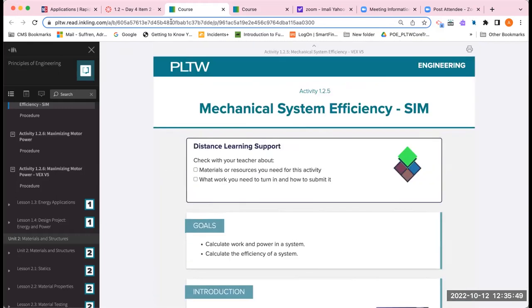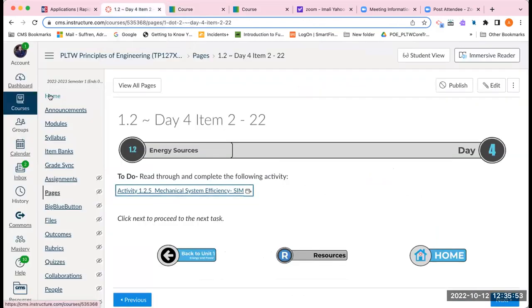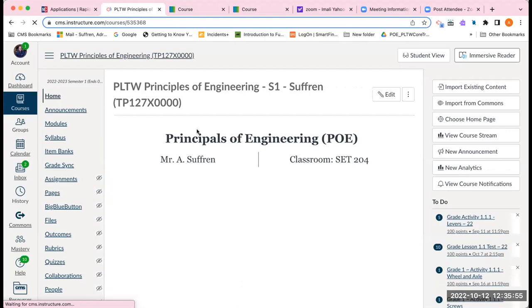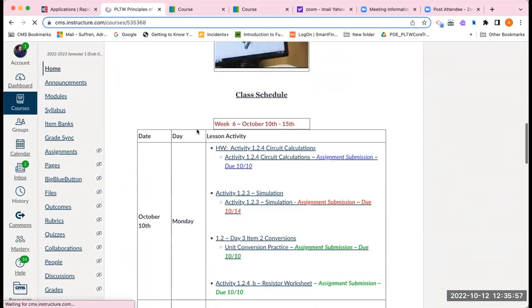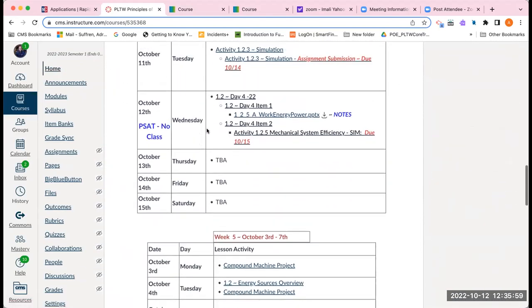So that's it. Once you are finished with this activity, if you go home, you can click on this link and you'll be able to submit your activity right here.